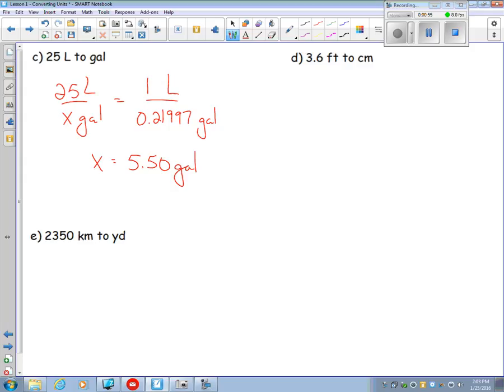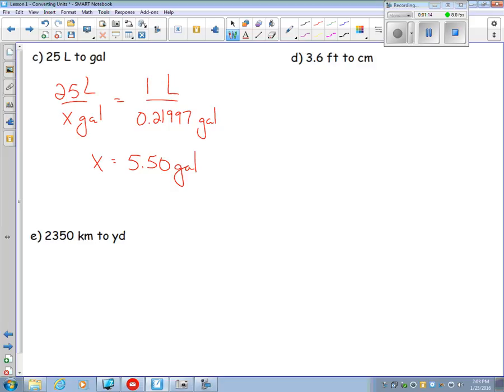Letter D is an interesting one because we want to convert feet to centimeters. But if I look back at that chart, I don't have a conversion for feet to centimeters. So I need to find some other conversion I can make first with things that I know. One thing that I do know is about feet and inches.